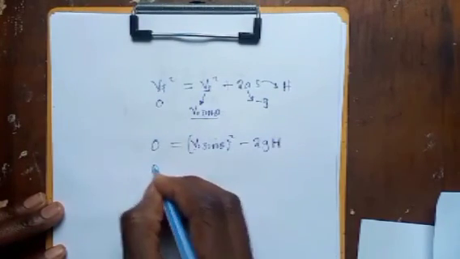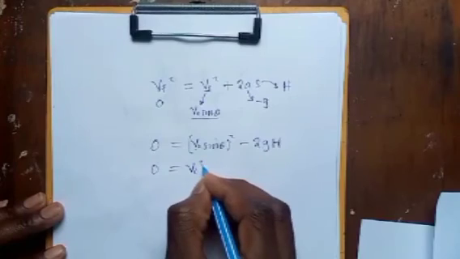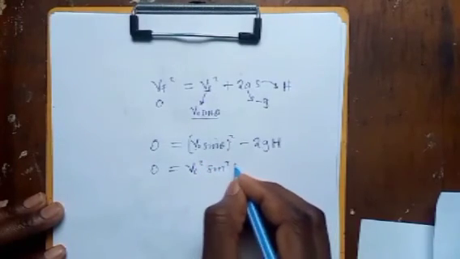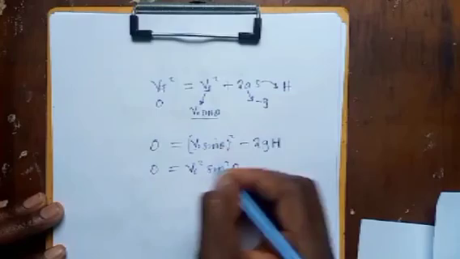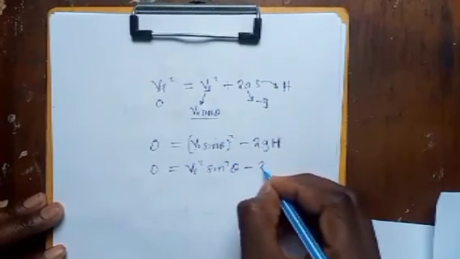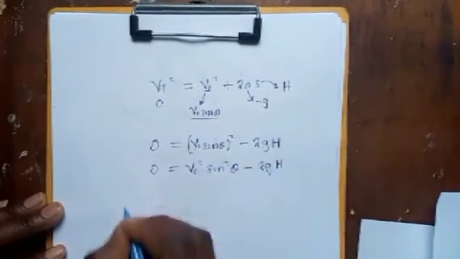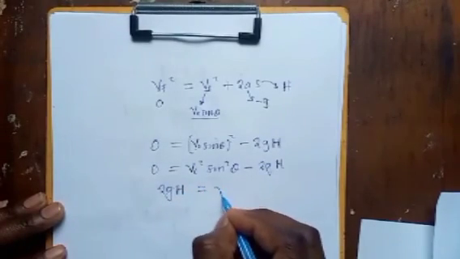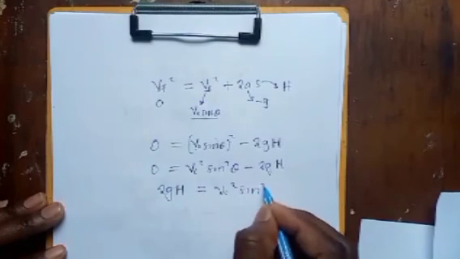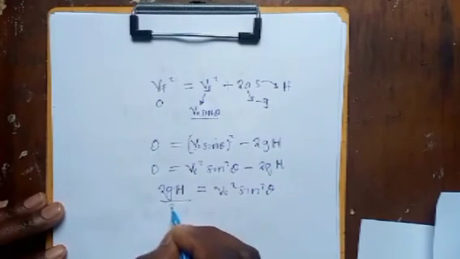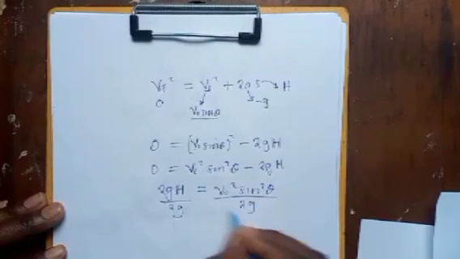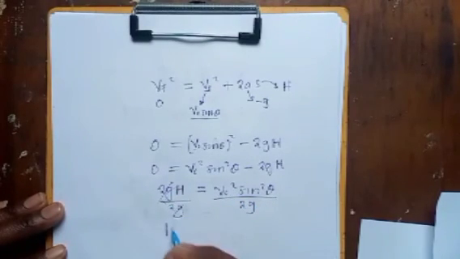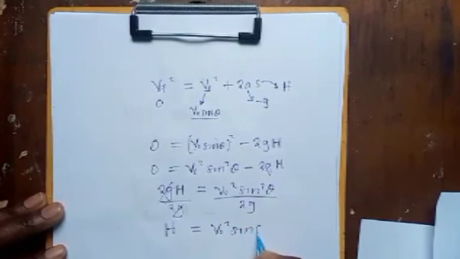So we're going to have 0 equal to v initial square sine square theta minus 2gh. If you take this one to the other side, we're going to have 2gh equal to v initial square sine square theta. You divide by 2g, meaning that if they ask you what is the maximum height, h has to be equal to v square sine square theta over 2g.